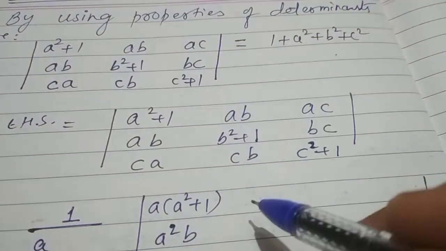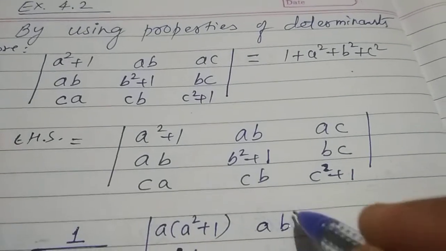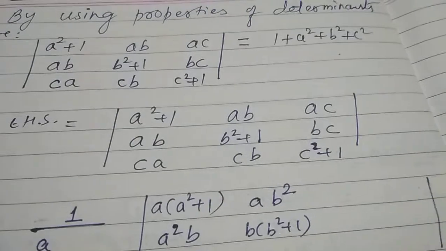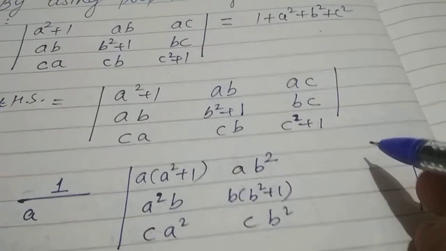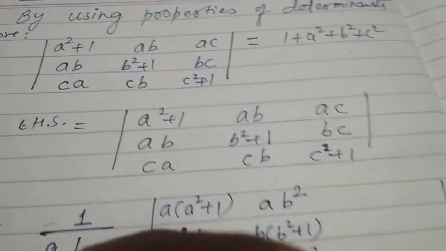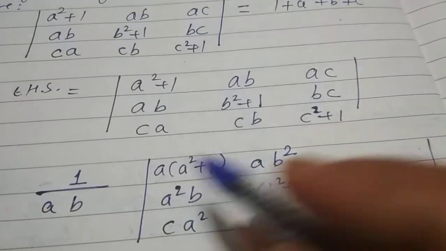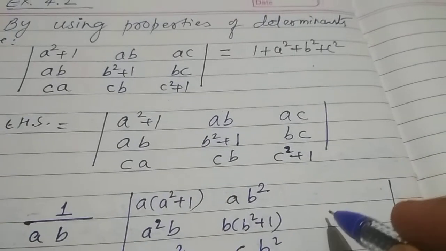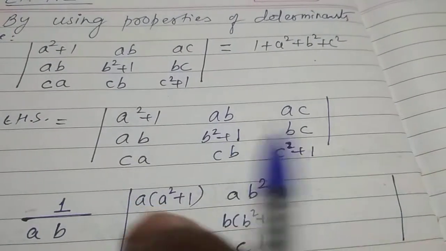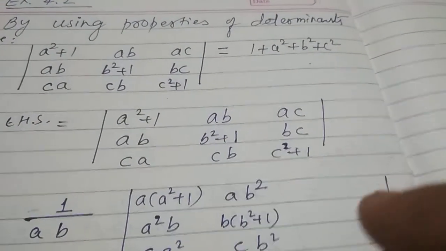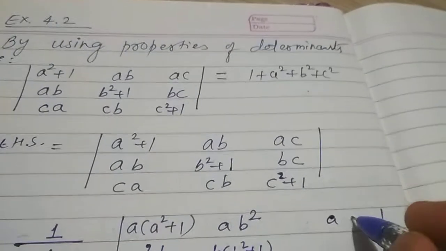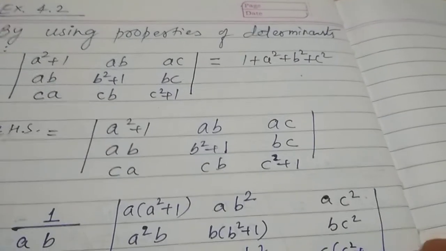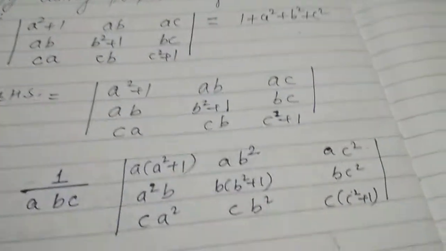I am multiplying the second column by b, so a into b square, b into b square plus 1, it will be cb square. Then again I have to divide the whole determinant by b. Now the third column, multiplying the third column means multiplying the whole determinant by c. So I am writing ac square, bc square, c times c square plus 1. So I have to divide outside.